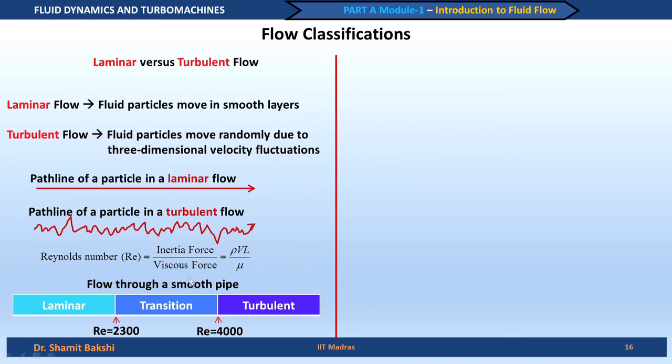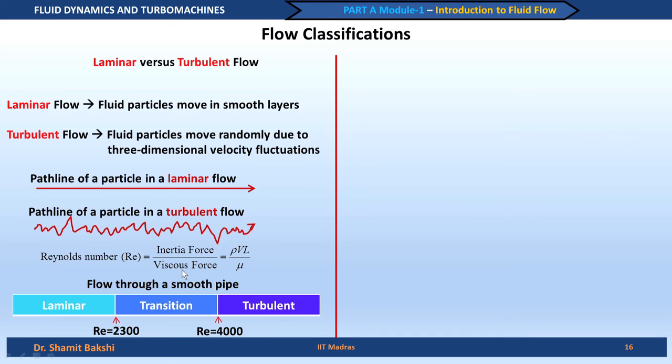One thing I forgot is the rationale behind the definition of this number, inertia force by viscous force. How is it able to determine whether a flow is laminar or turbulent? A very simple answer is that the inertia force tries to make the flow haphazard or random, like what is shown in the path line of a turbulent flow.